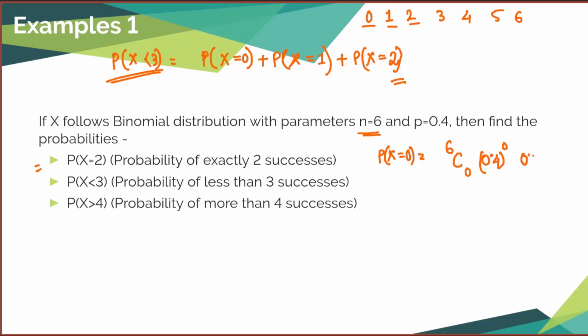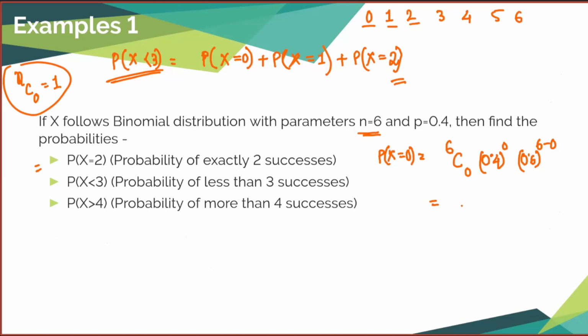And q is 0.6, right, to the power n minus x, so n is 6 minus x is 0, right? So anything C0, so nC0 does not matter what is the value of n, it will always give you 1. So this is a standard value, nC0 is always 1, right? Similarly nCn is also 1.